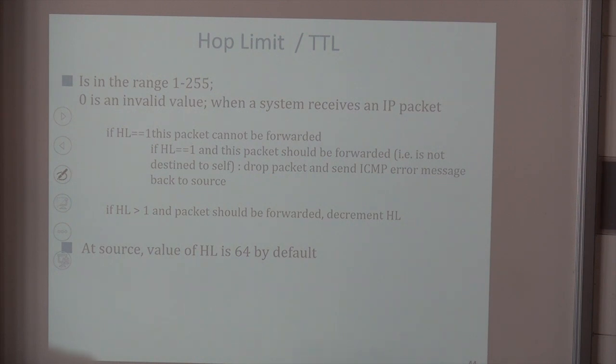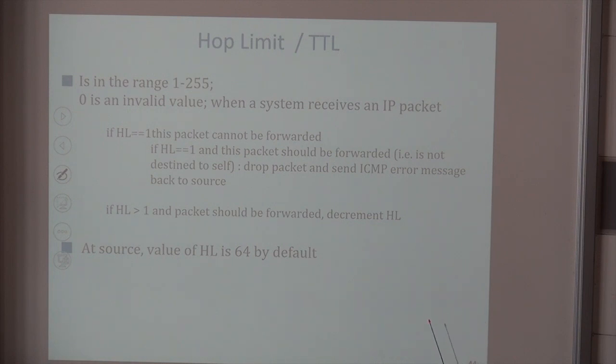So the algorithm is, if you're an IP system, you receive a packet with a TTL or a hop limit. If the hop limit is equal to 1 in the packet that you received, then hopefully this packet is for you. So you are the final destination of this packet. Okay, you accept it. If it's not for you, you have to forward it. But by forwarding it, you would decrement and create a hop limit of 0, which is invalid.